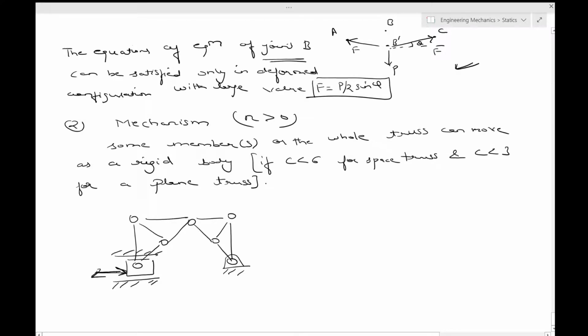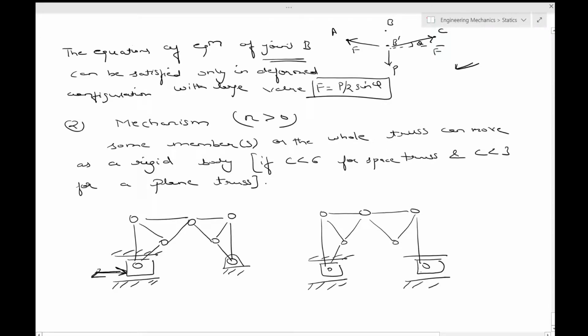In this mechanism you can also have another variant of it, and similarly this is also a mechanism.